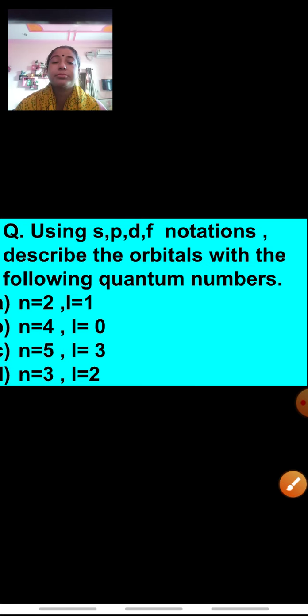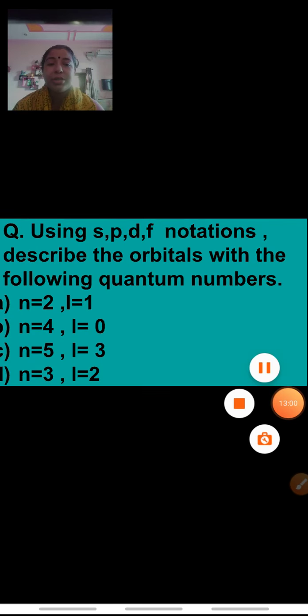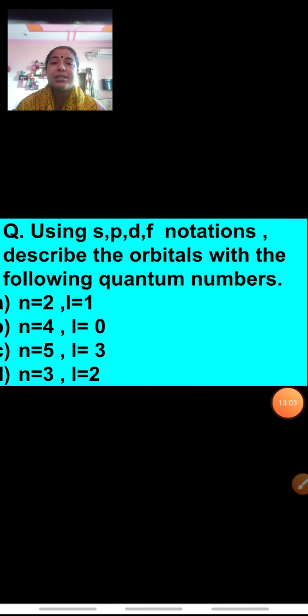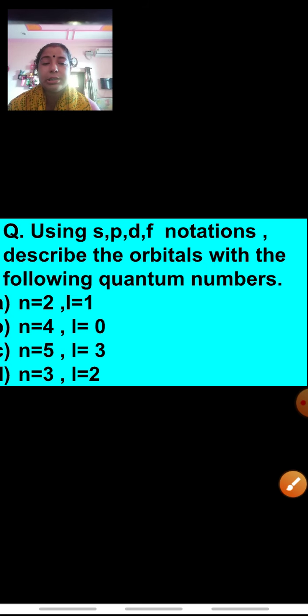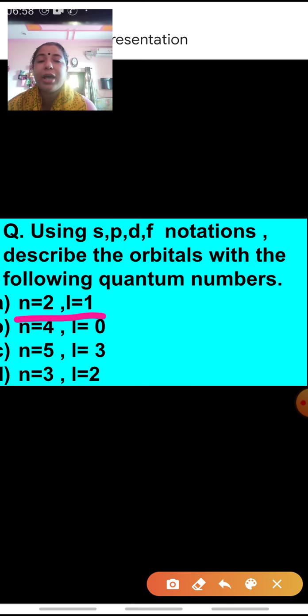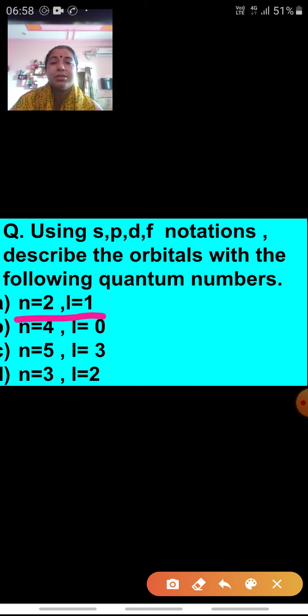Now children, there is another question for you. Using the s, p, d and f notations, you have to describe the orbitals with the following quantum numbers. The first is where the value of n is 2 and the value of L is 1.